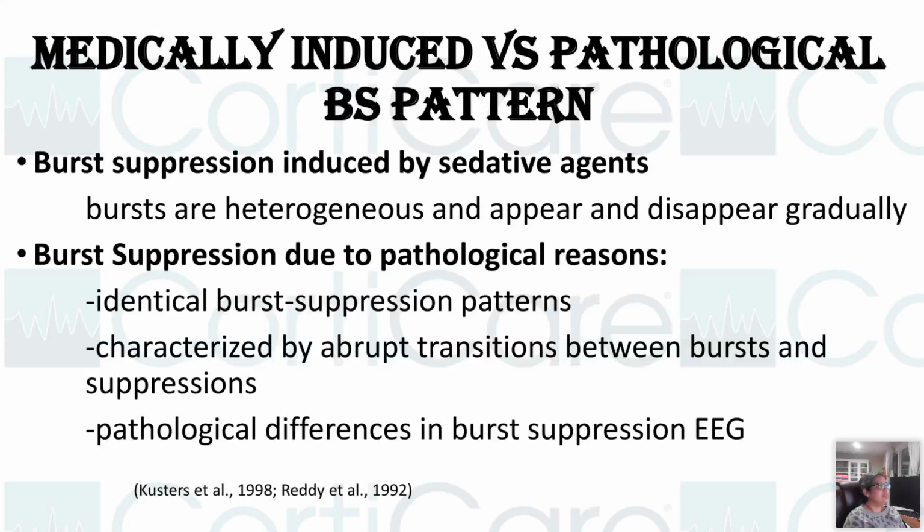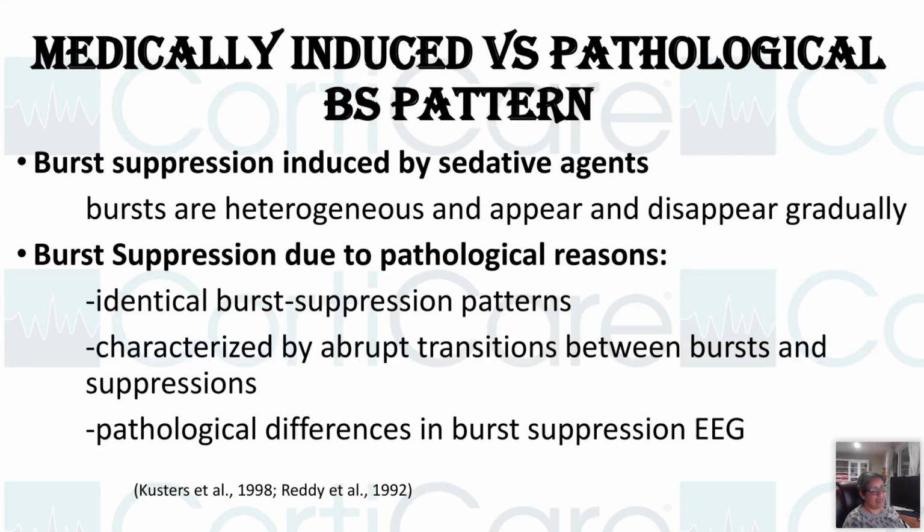The burst suppression which is induced using general anesthesia or any other sedative agents, those bursts are heterogeneous. They appear and they disappear gradually. However, because of cardiac arrest or any other conditions, when you see burst suppression, the bursts are identical. And they are characterized by abrupt transition from burst to suppression.